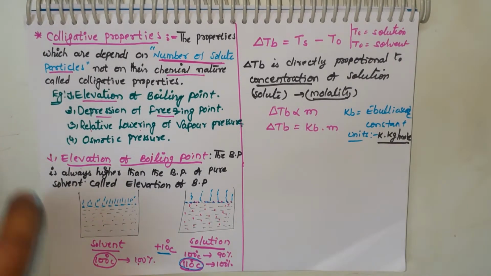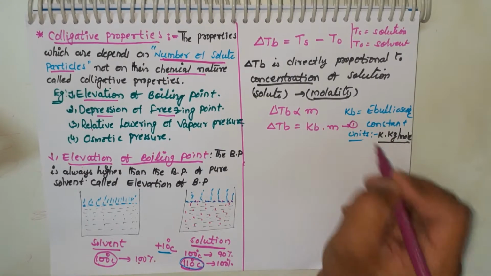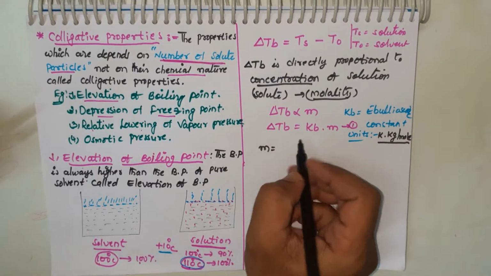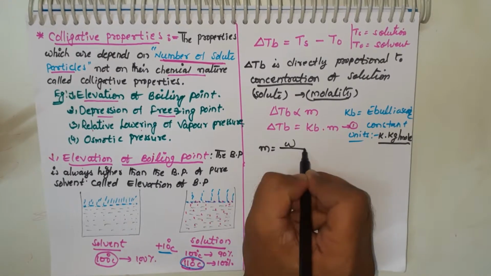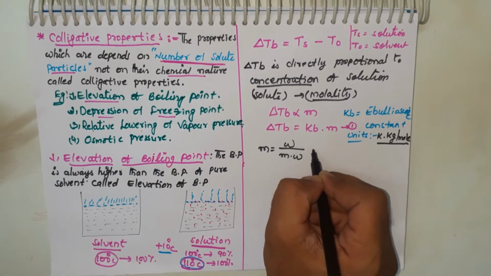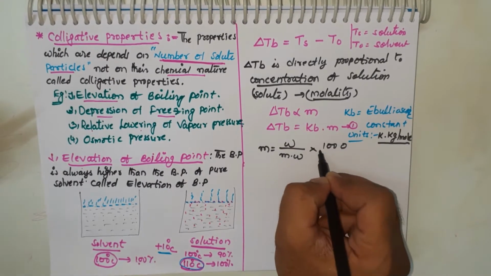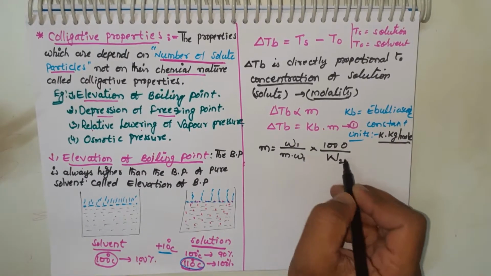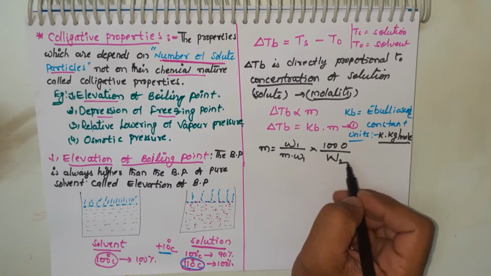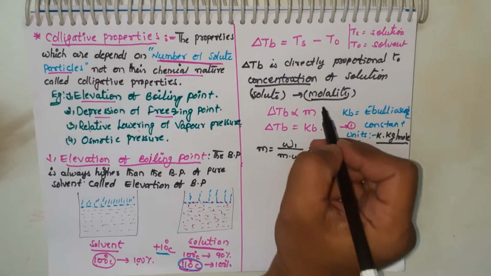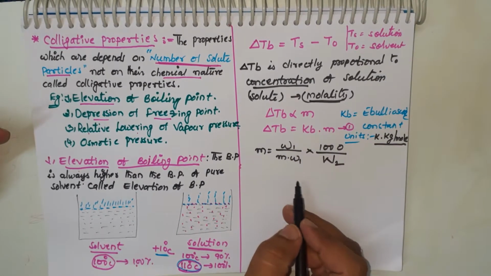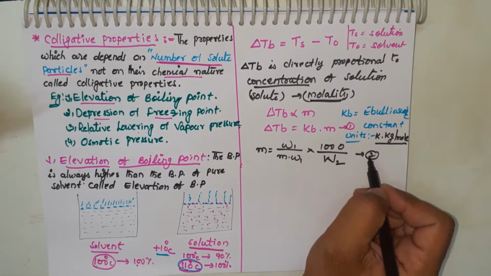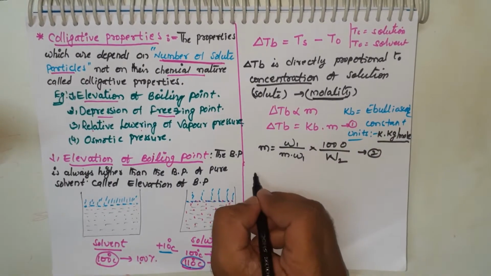Take this as equation 1. We know the formula for small m: weight of the solute by molecular weight of the solute, into 1000, by weight of the solvent, because it is molality. Take this as equation 2. Now substitute 2 into 1.